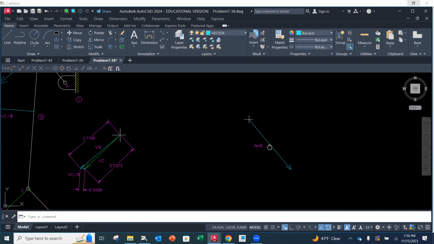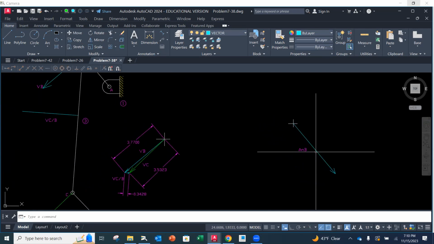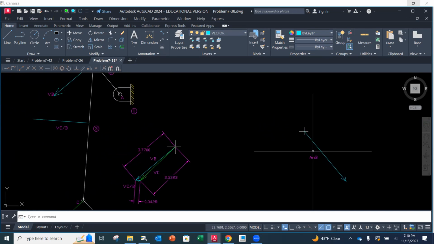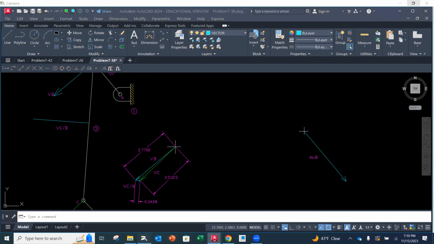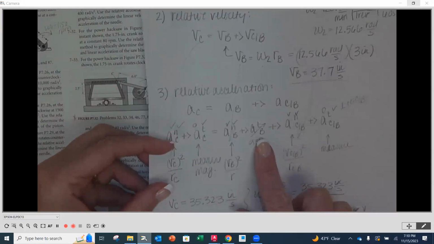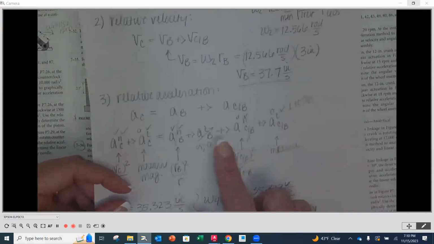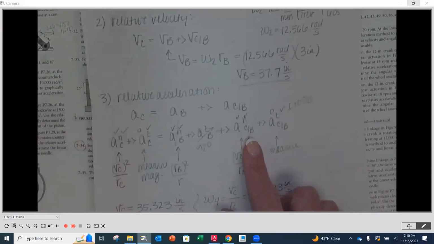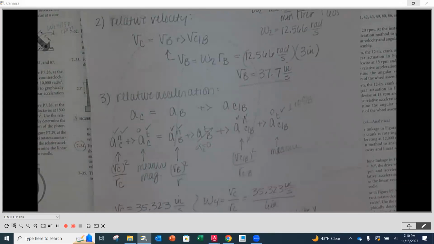Okay. So 4.7376. All right, now on the endpoint of that normal component would have been the tangential, but that's 0. But we're going to add the normal of C relative to B. Remember, the direction is going to go from C towards B.